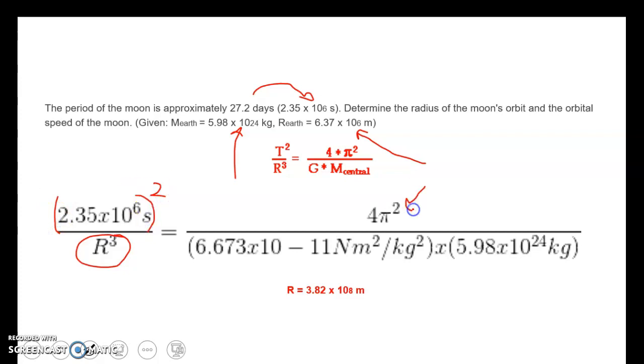We got 4 pi squared. We have the universal gravitation constant, and we have the mass of the Earth. Cross multiply, solve for R, take the cube root, and we get 3.82 times 10 to the 8th meters, which is the radius of the moon's orbit, which is kind of interesting, right? I mean, we can solve that pretty simple, and it fits as long as we know the time period.